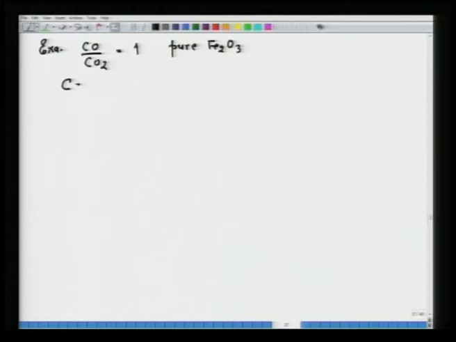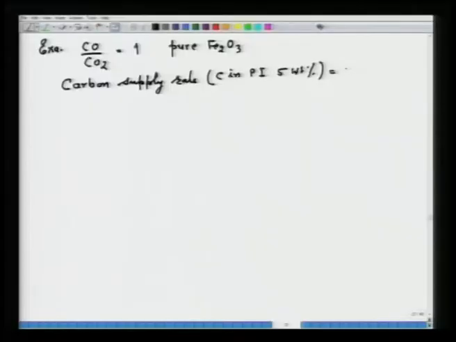Say the carbon supply rate, in this example, which includes carbon in pig iron, equal to 58%, that is carbon from combustion and carbon for pig iron is also coming from this, and the carbon supply rate is 500 kg per ton of product iron.